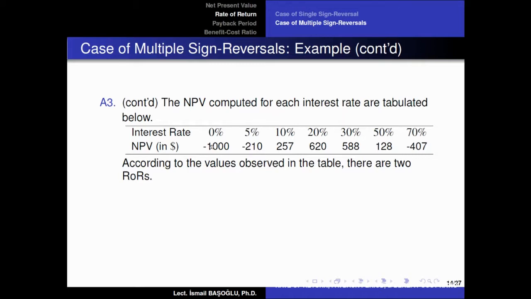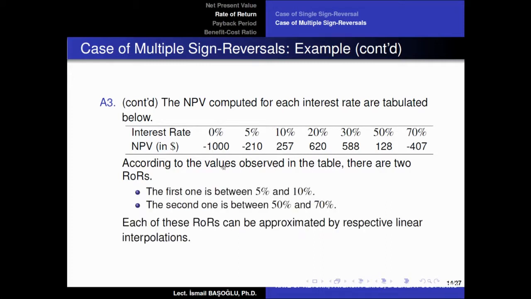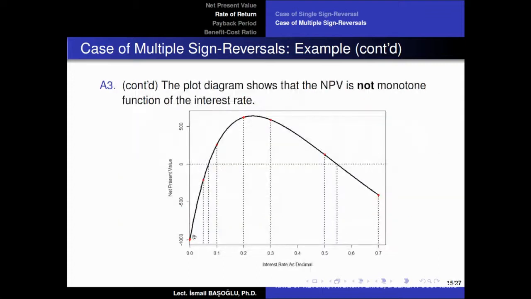In fact, I can plot these combinations, interest rate versus net present value, in this plot diagram. So at 0%, negative $1,000, it is increasing at 5%, at 10%, 20%, 30%, 50%, and 70%. It is reducing below 0 again.